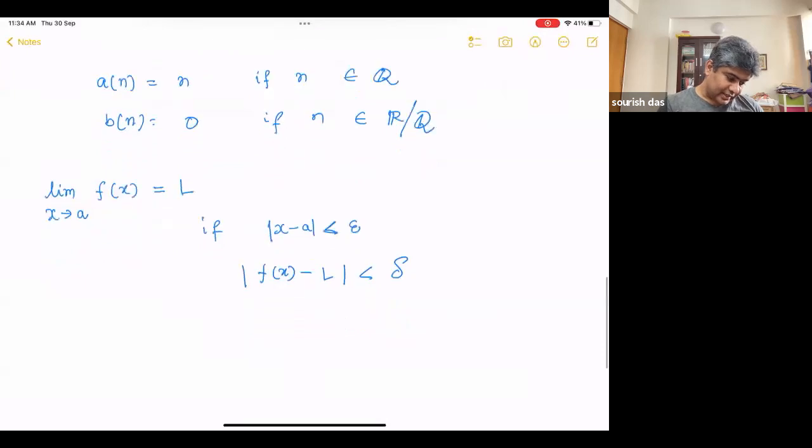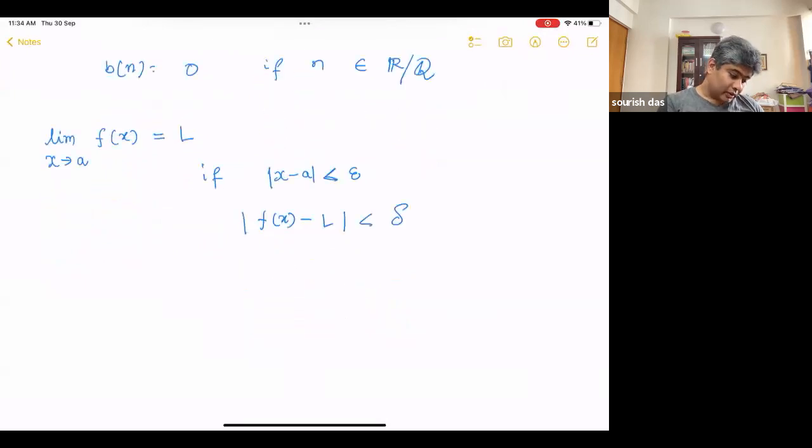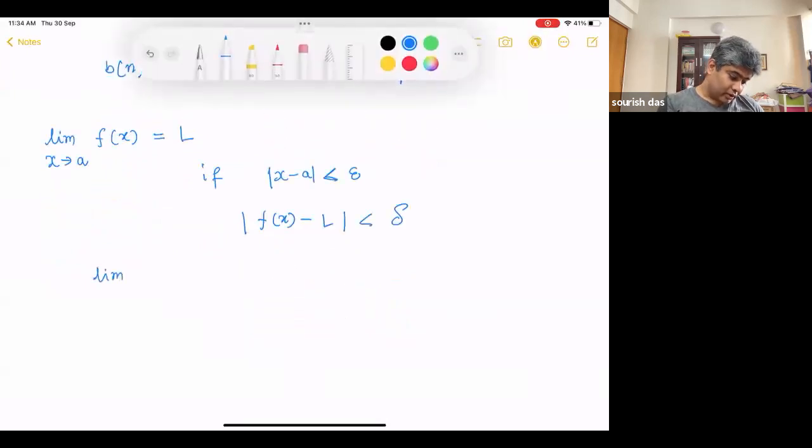Then in this particular problem, what are we looking for? We are looking at x going to 0, is f of x going to be 0? Because for each irrational number, it is 0 for sure.